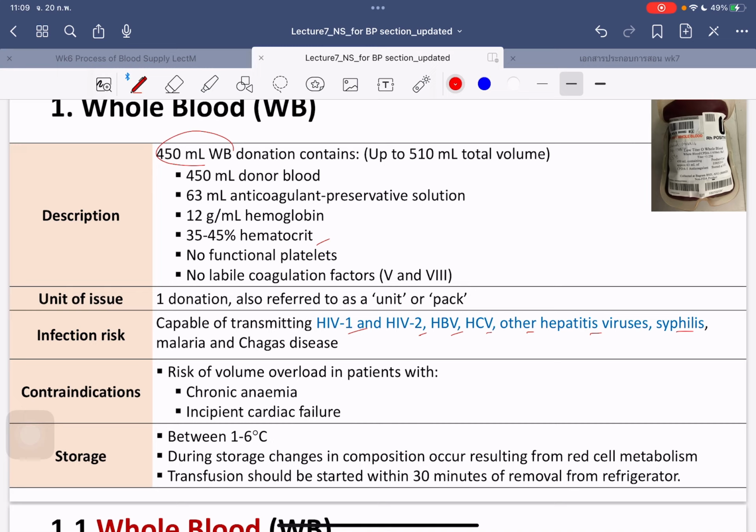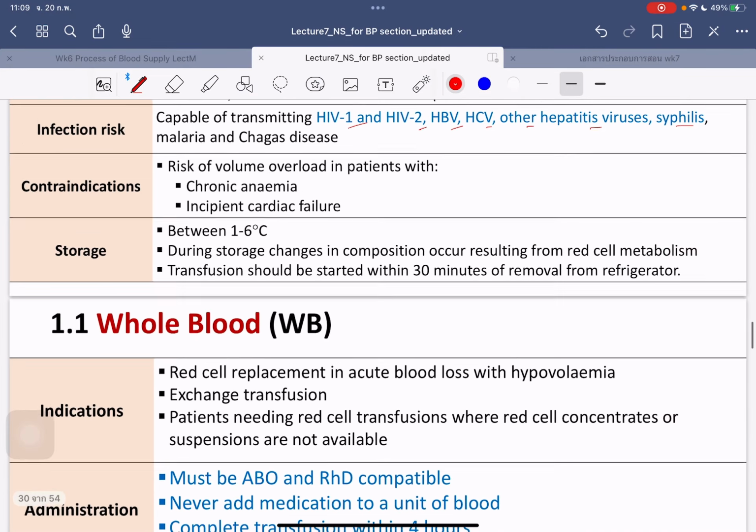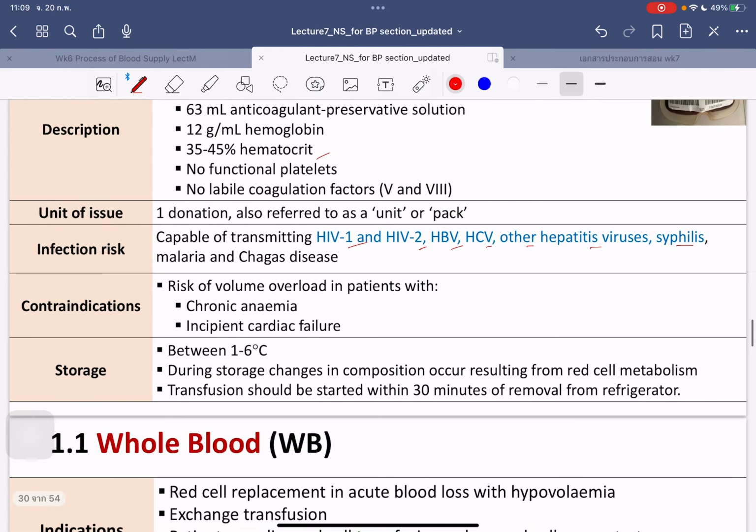But if you have the survey document, you have to add the correct information, such as that you have not traveled into a malaria endemic area, something like that. So when you think about whole blood, the main component is the red blood cell, right?